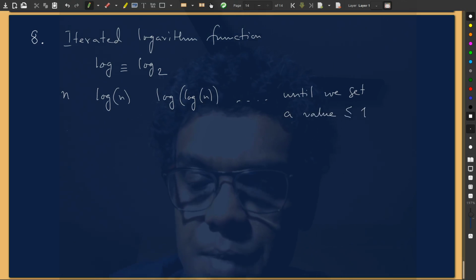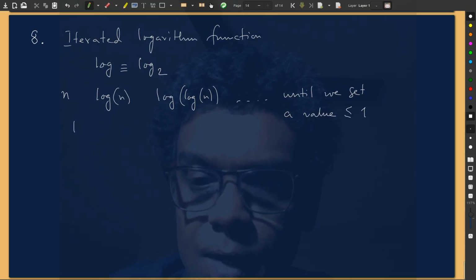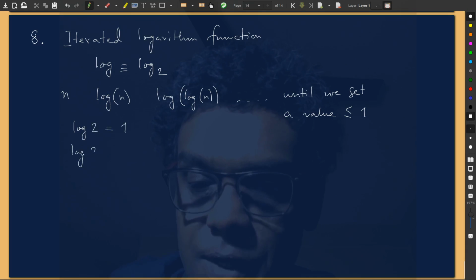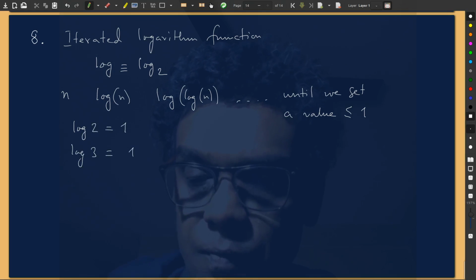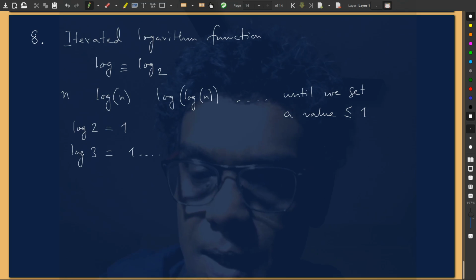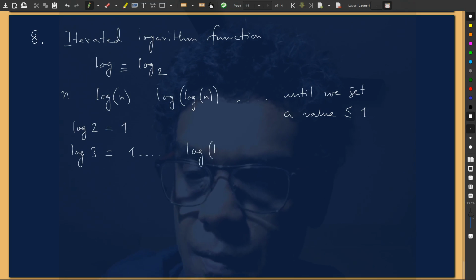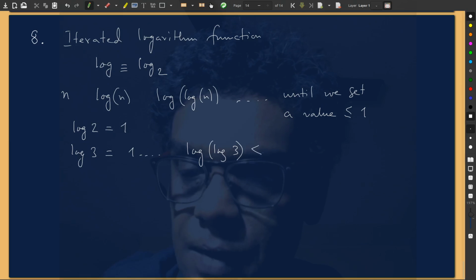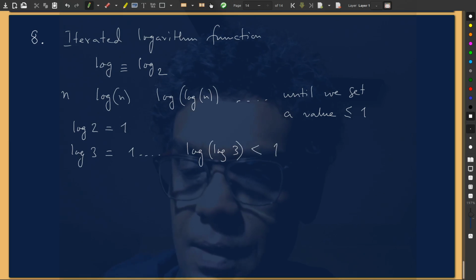So for example, log of 2 is 1, log of 3 is something like 1 point something, and if I take another log, this becomes less than 1, because it's smaller than 2.